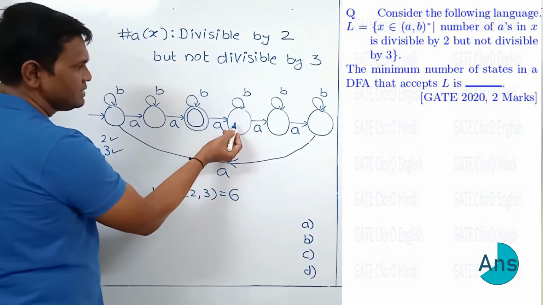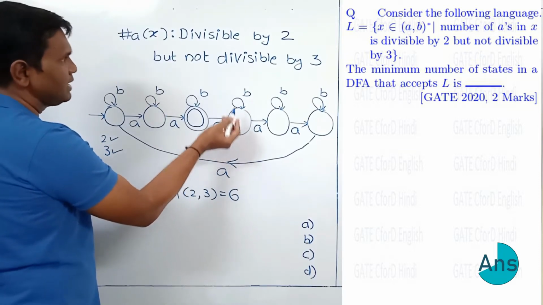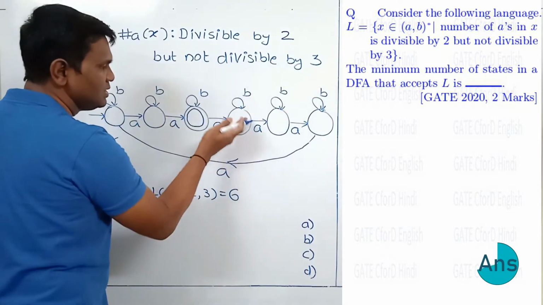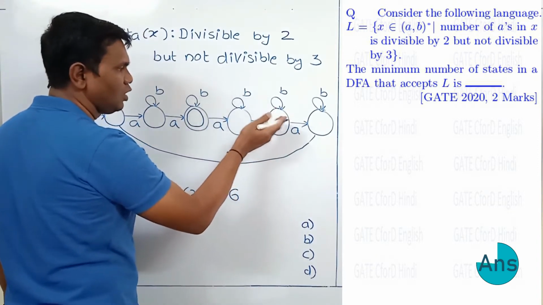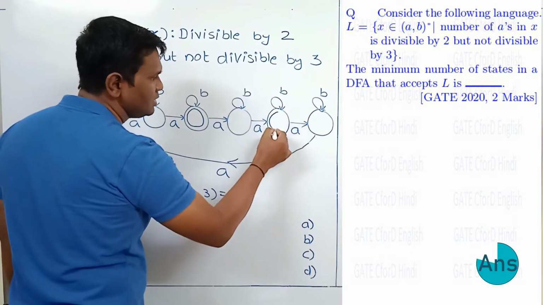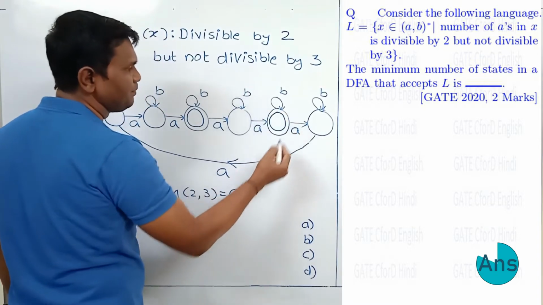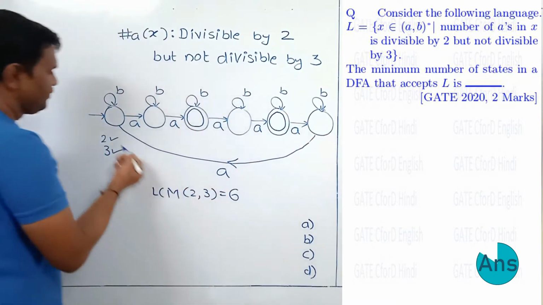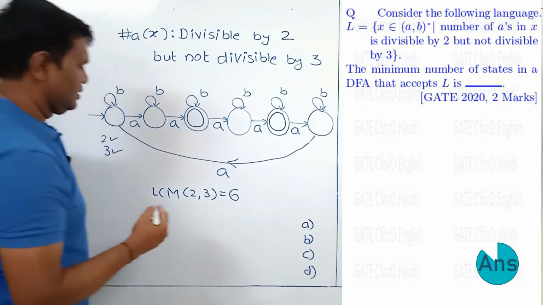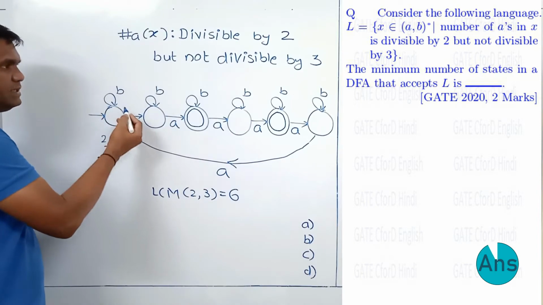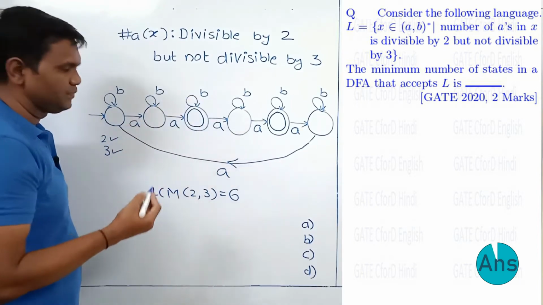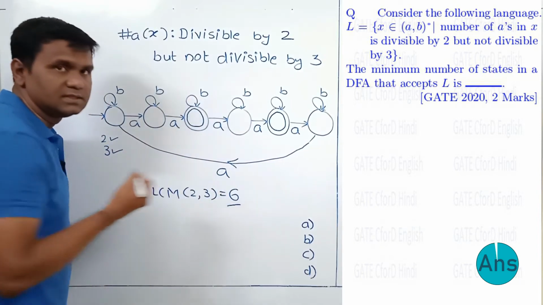Here the number of a's is 3, divisible by 3, but the condition is not divisible by 3, so this is a non-final state. Here for 4, divisible by 2, not divisible by 3, so this is a final state. 5, non-final state. And we come back here. There is no condition for the number of b's, so at every state we have added a self loop for b. So the answer is 6.